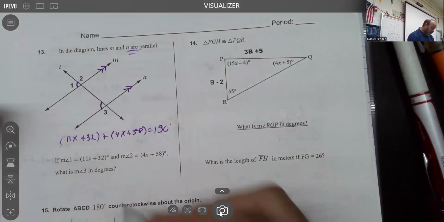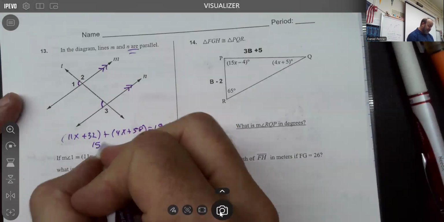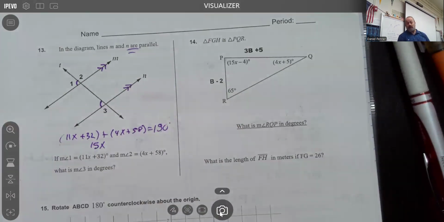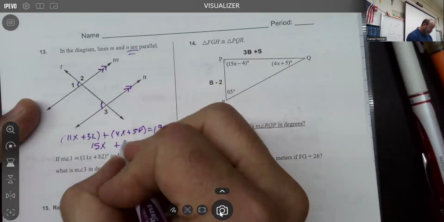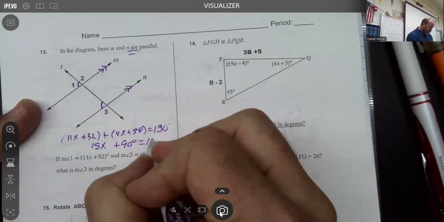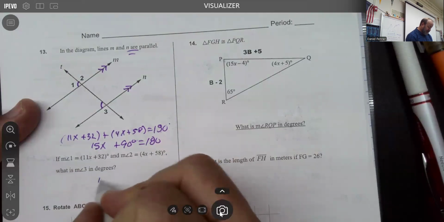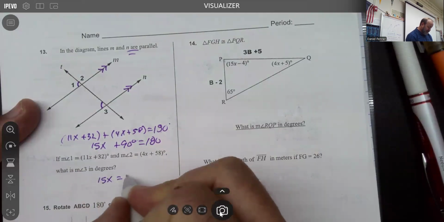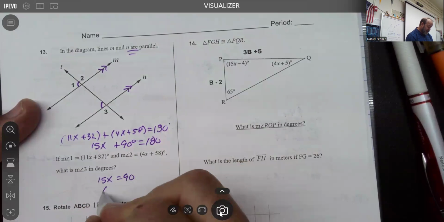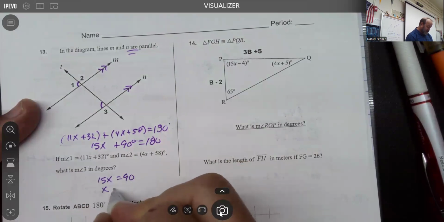Beautiful. So if we combine our like terms, 11x's and 4x's would be 15x's. 32 and 58 would add up to 90 degrees. So if we subtract 90 from both sides, I would have that 15x is equal to 90, and therefore divide both sides by 15, and I get x equals 6.